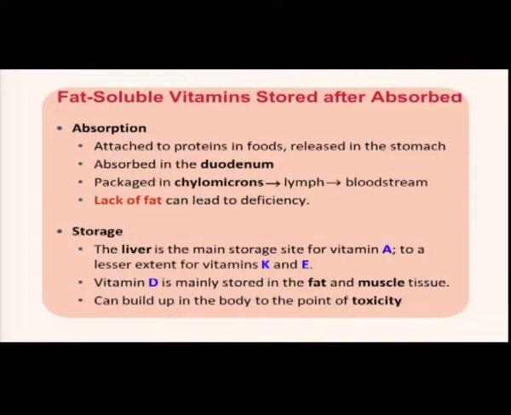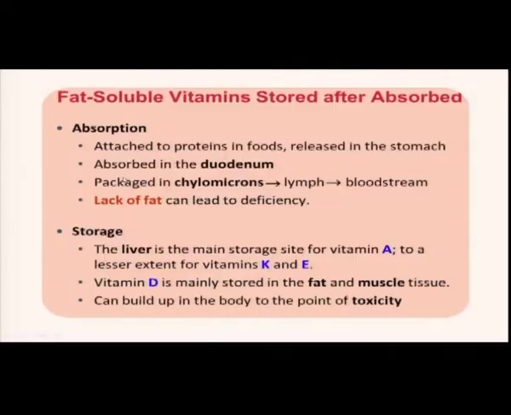All this put together comes under the concept of ADME, and that's what we are heading to: absorption, distribution, metabolism and elimination. So ADME concept for vitamins. How do these vitamins go in a very systematic manner across these steps?